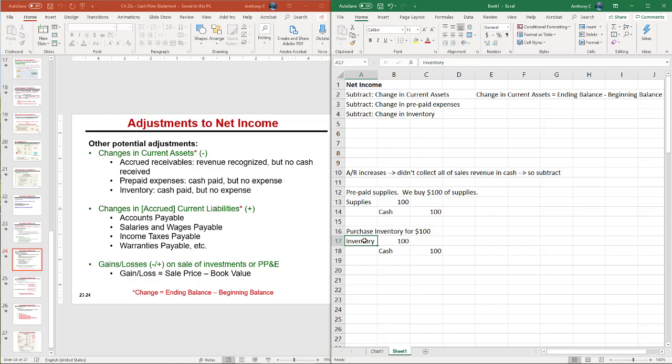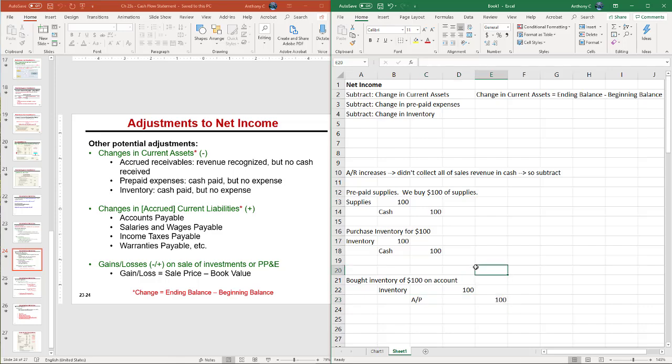So earlier we said, for example, if we bought inventory of $100 on account, then we'd end up debiting inventory for 100, and crediting our accounts payable for 100. So all else equal, if our accounts payable increases by 100, it means some of our expenses we wouldn't have yet paid in cash. So then we would adjust net income up by the amount of the increase in AP.